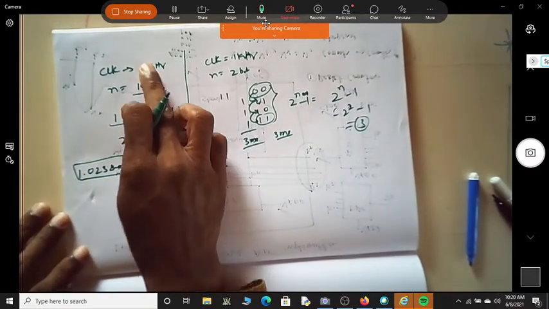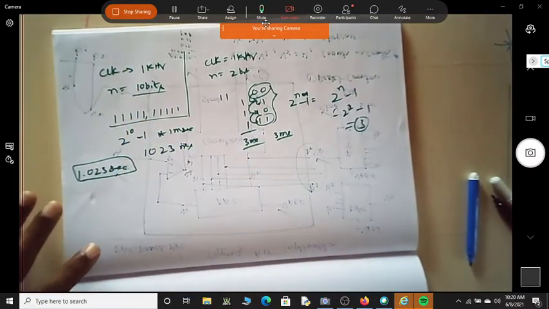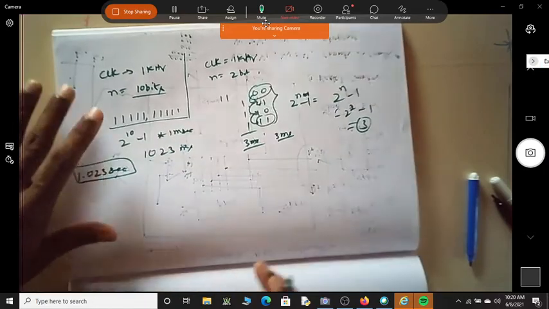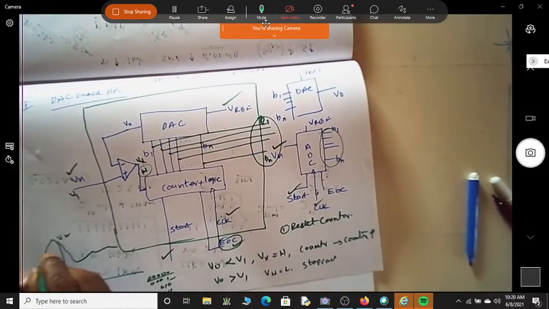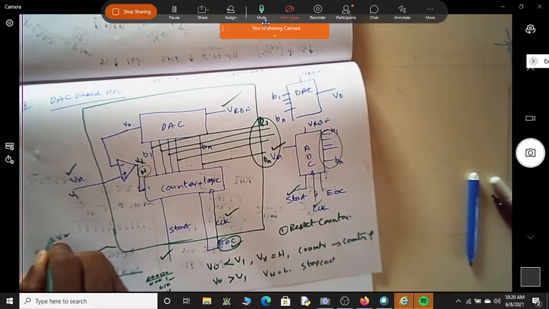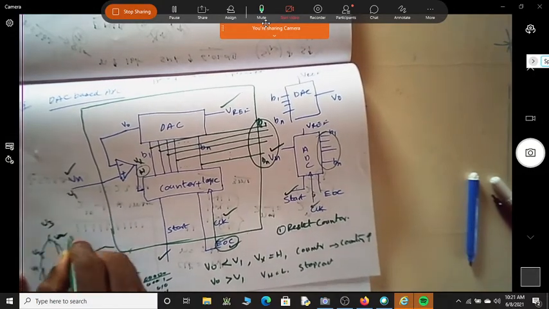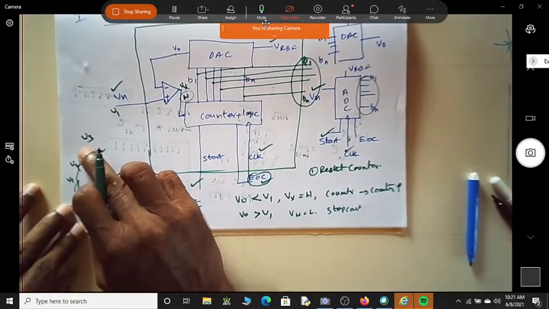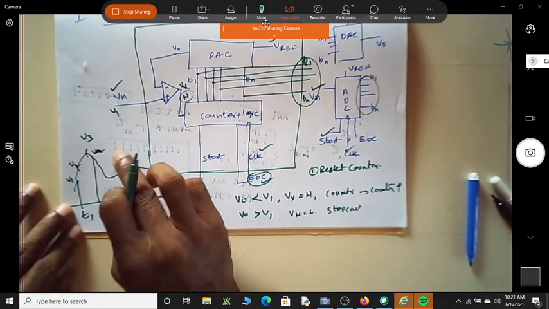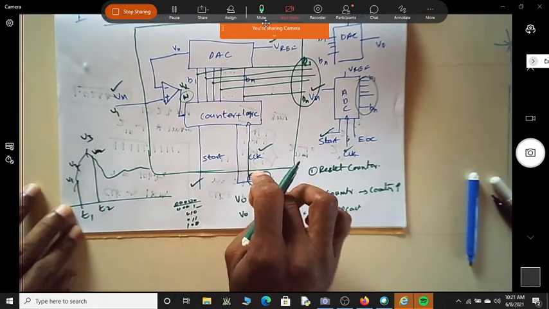Now, why I'm asking you to calculate all these values is, assume that you have voltage V1, this is V2, assume that this is V3. Can you see here, depending on the input amplitude, does the time taken to get the EOC signal change?